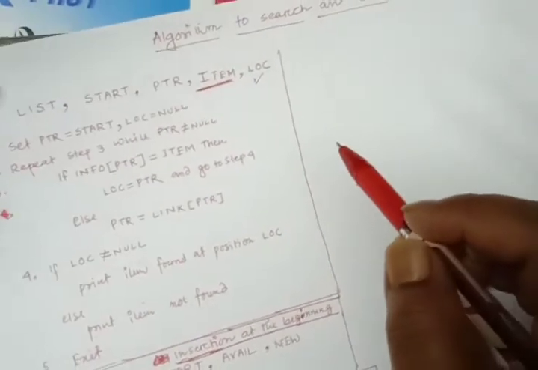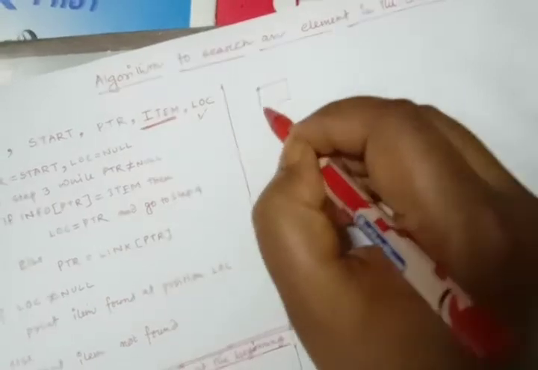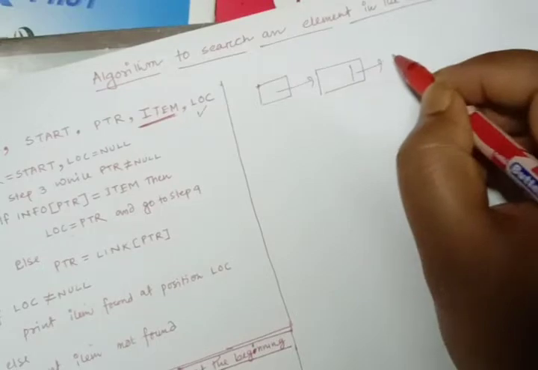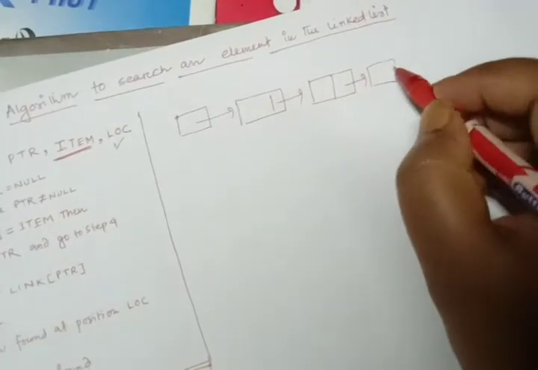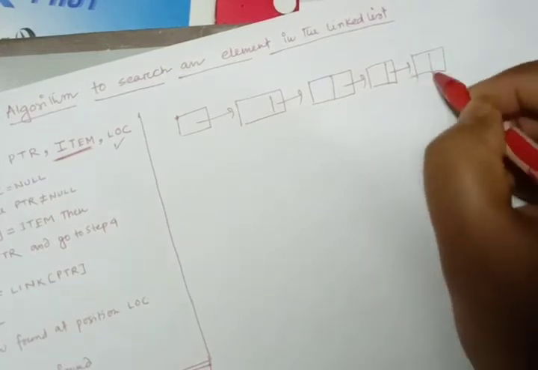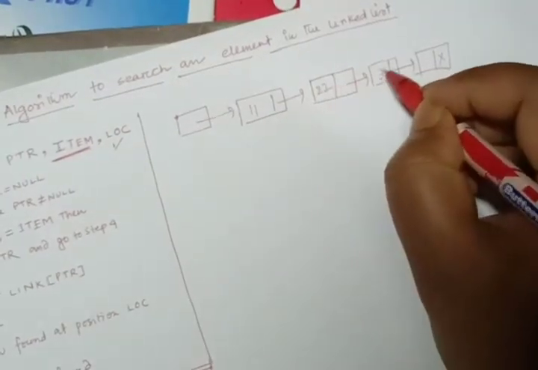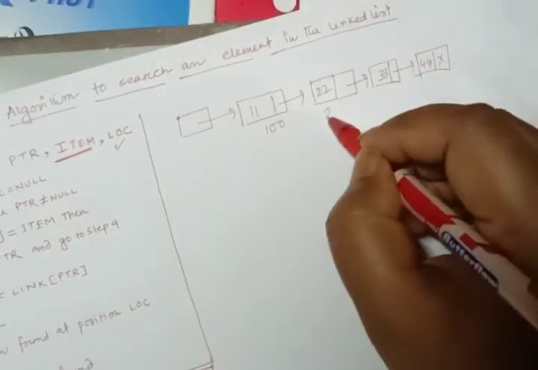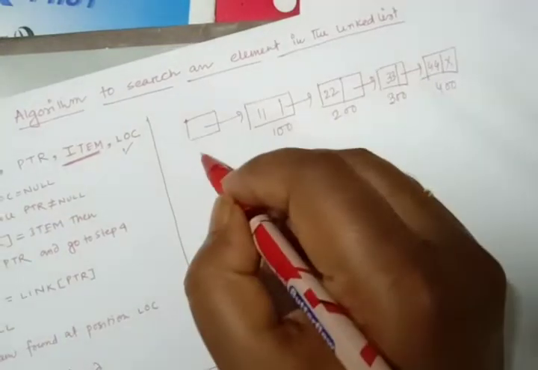Now we'll see how this algorithm works on a linked list. Suppose there are four nodes in the list: 11, 22, 33, 44, and these are the addresses of the nodes.